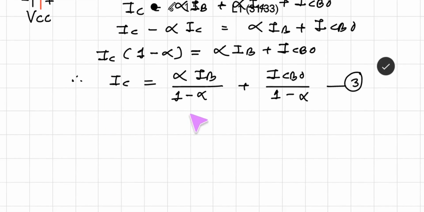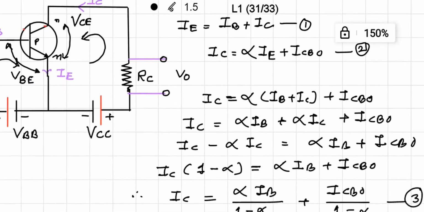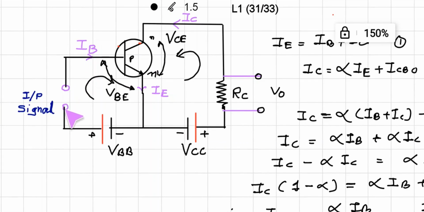So here in expression 3, if IB is equal to 0, and when IB is equal to 0, if we keep this base terminal open, there will be no current IB.